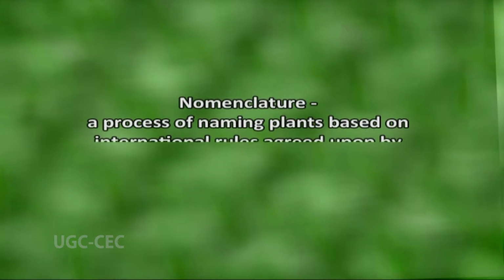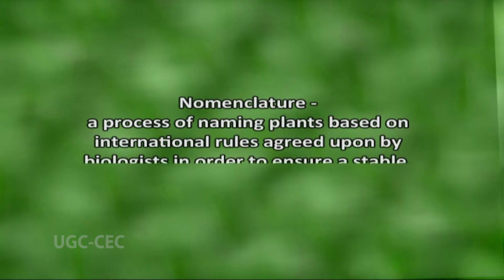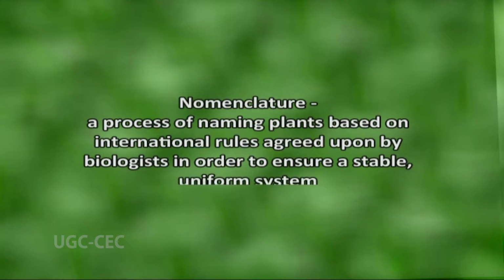A new name is given to a new taxon. Thus, nomenclature is a process of naming plants based on international rules agreed upon by biologists in order to ensure a stable and uniform system.